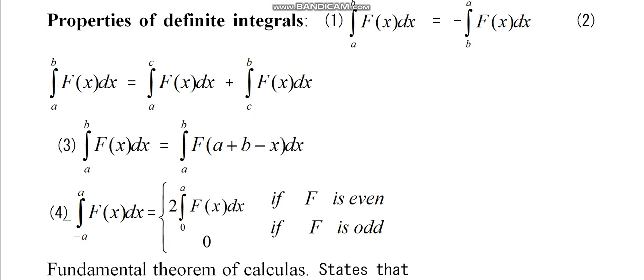The first property is that we can invert the limits, that is, integration from a to b f(x) dx is equal to minus integration from b to a f(x) dx. And similarly the other, very important rule, is integration from a to b f(x) dx is equal to integration from a to b f(a plus b minus x) dx.